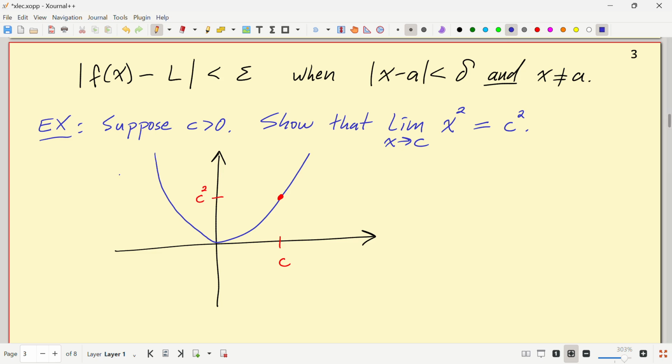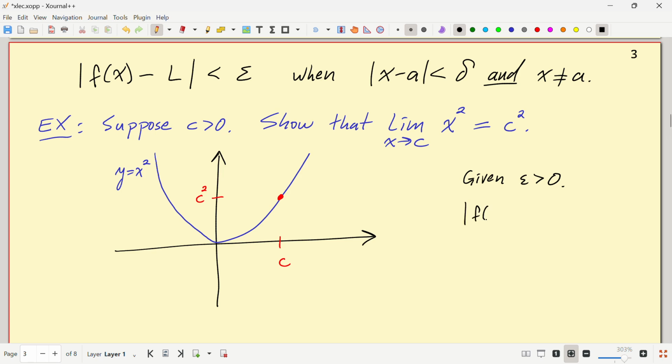So this is y equals x squared. And then I want to make my x squared within an epsilon, give me an epsilon bigger than 0, no matter how small.